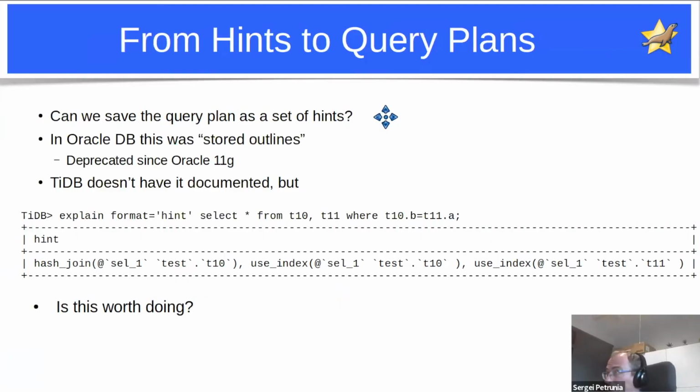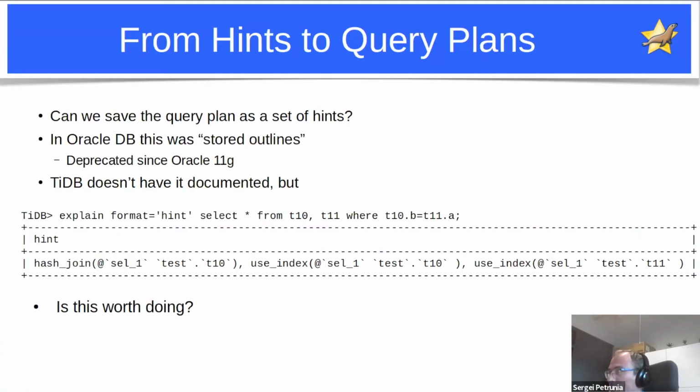It turns out Oracle DB was supporting this as stored outlines, but they deprecated it long ago. In TiDB, they also support that, but don't talk about it. You can do explain format equals hint, and then you get a list of hints that, as far as I understand, would produce the query plan, given this query.